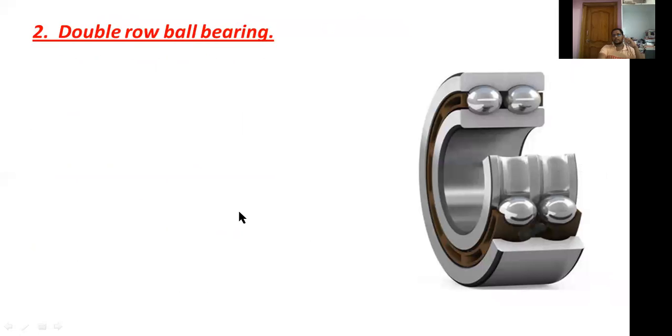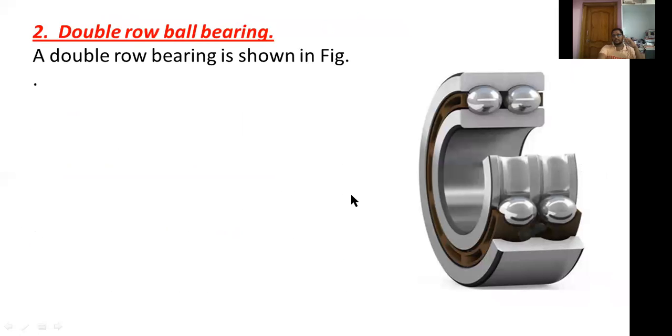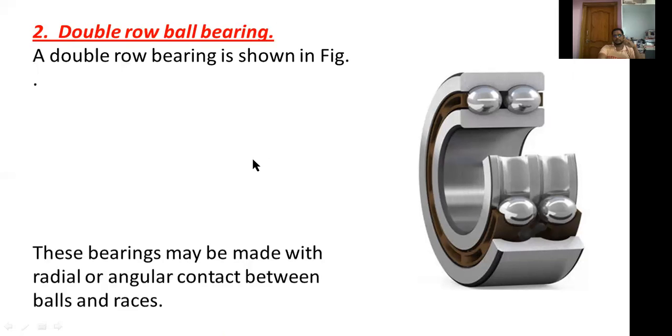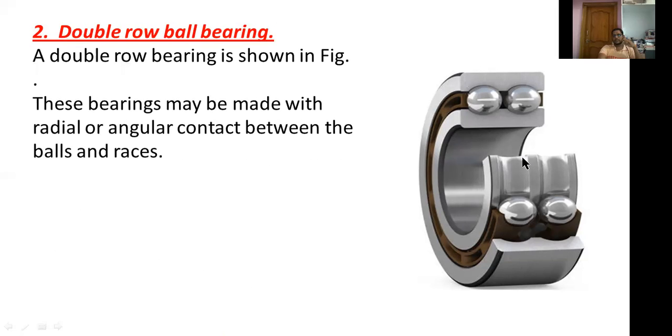Now double row ball bearings. In double row ball bearings we are using two rows. In the construction of a double row ball bearing we are using two symmetrical inner races and outer races. The double row ball bearing is shown here.